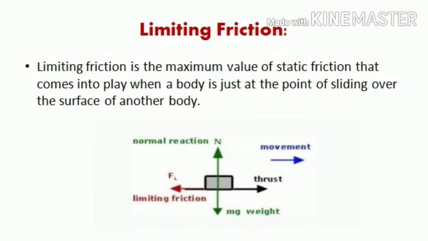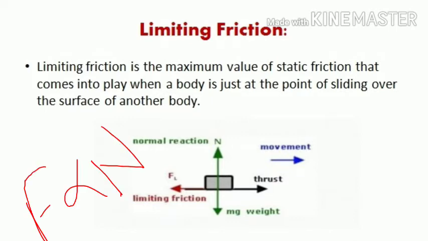Here we can see the normal force and the frictional force. The frictional force is directly proportional to the normal reaction, and it acts in the direction opposite to the moving body.